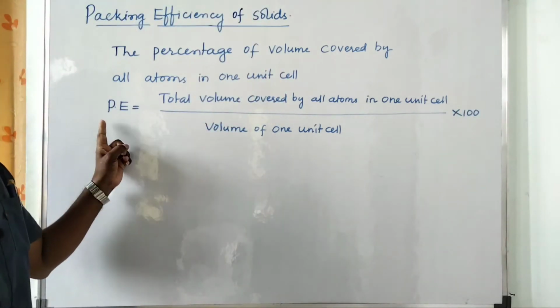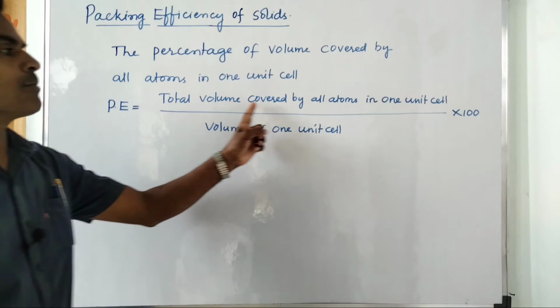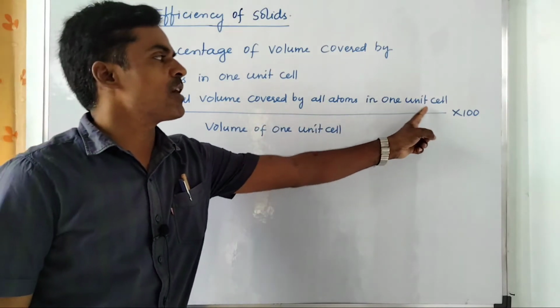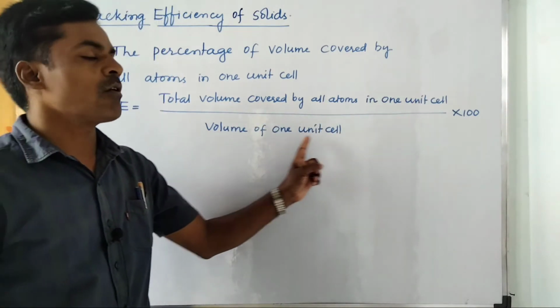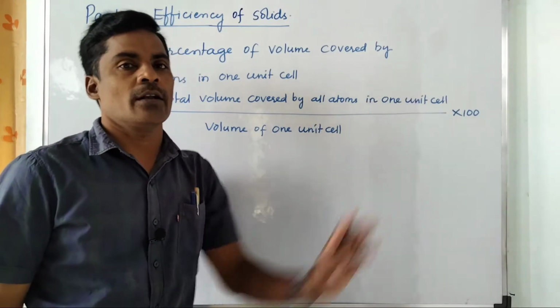Okay, so packing efficiency equals to what? Total volume covered by all atoms in one unit cell upon volume of one unit cell into 100.